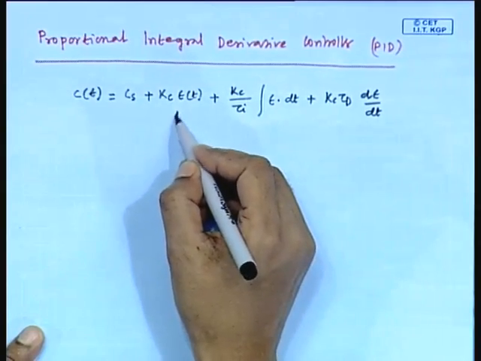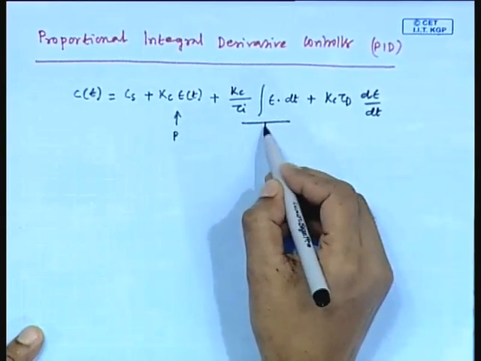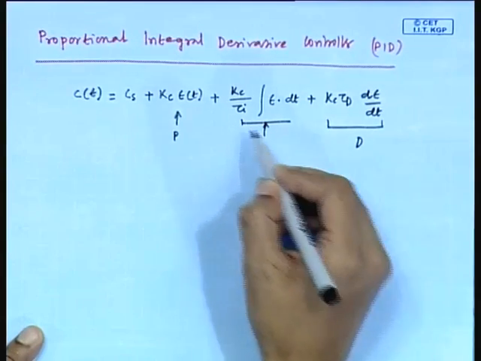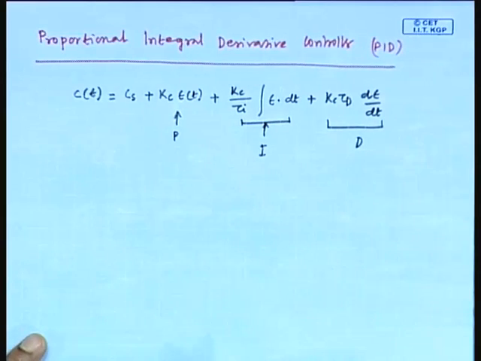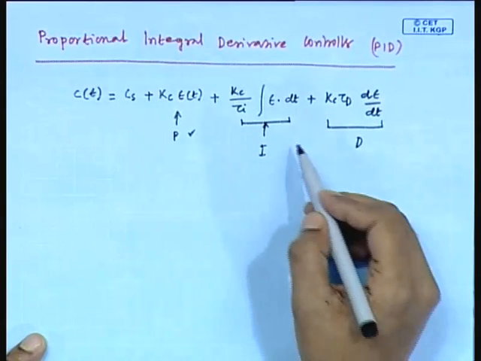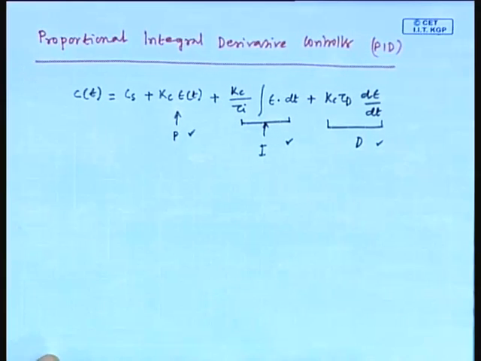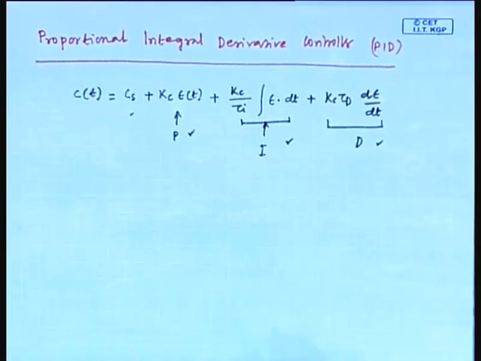This is the proportional action, this is the integral action and this is the derivative action, and Cs is the bias signal. When error is 0, the controller output is Cs.